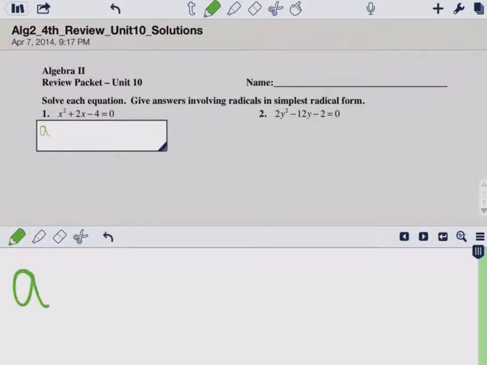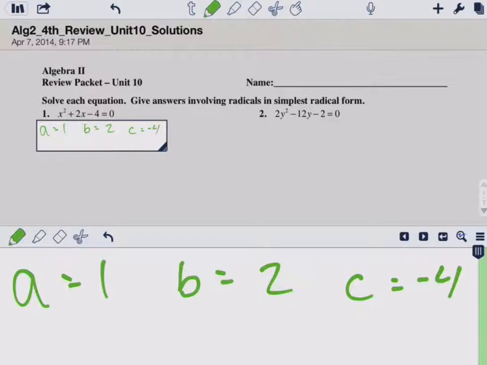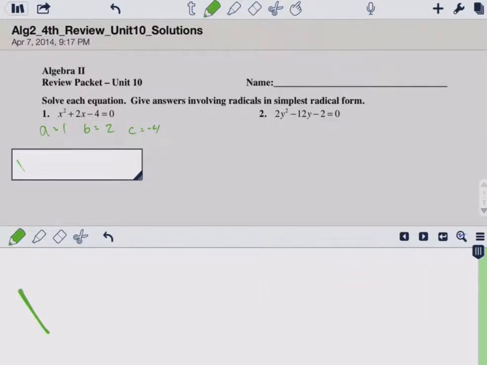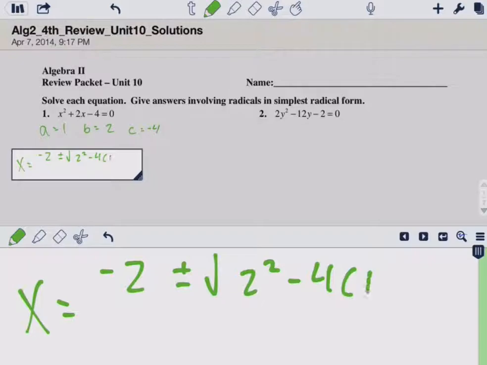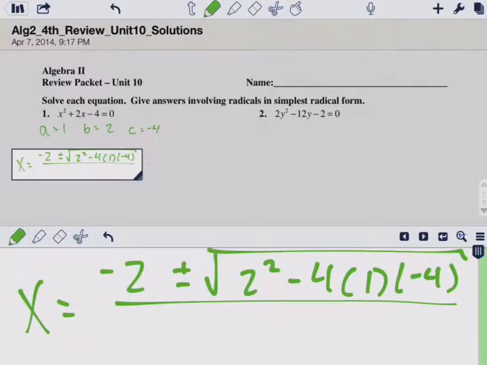So in this case, a is equal to 1, b is equal to 2, c is equal to negative 4. So I have x equals negative b plus or minus the square root of b squared minus 4 times a times c, all over 2a.